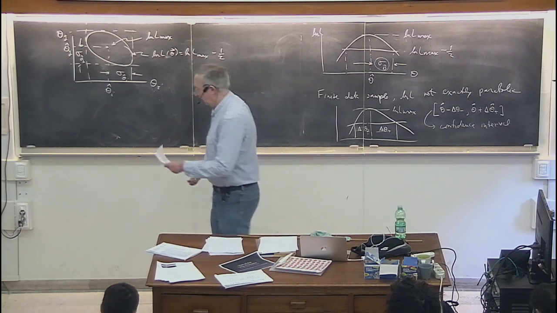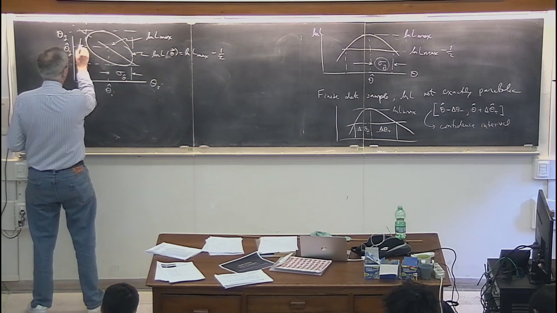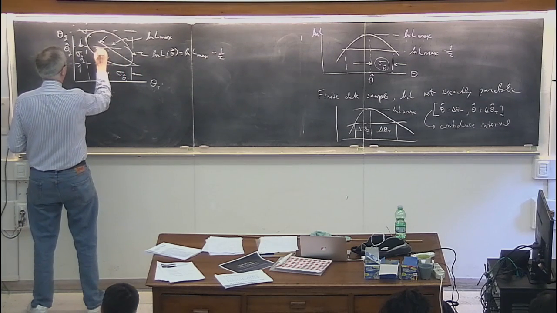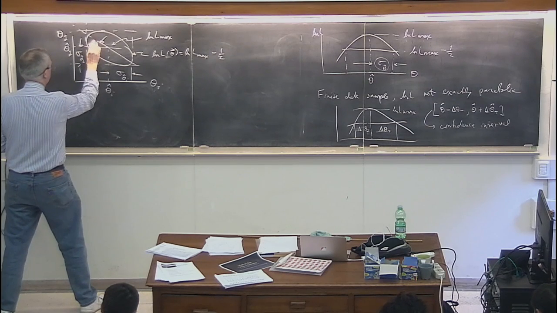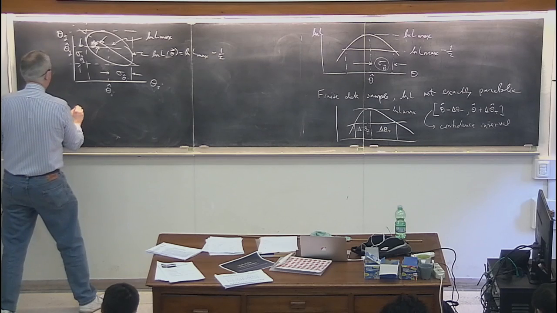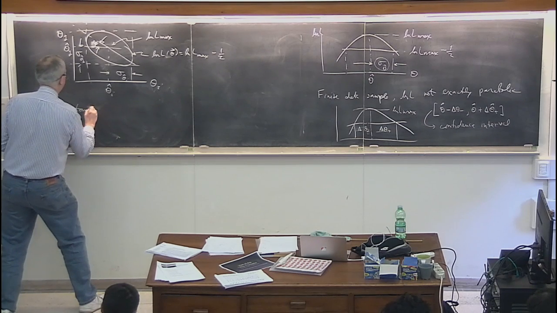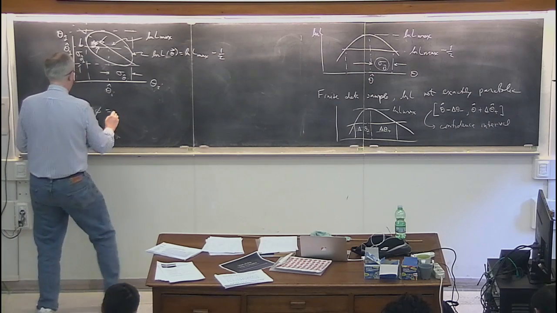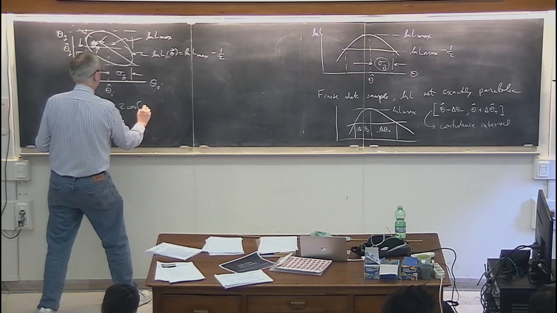And I'll just write down the formula. This angle here, I'll call that phi. And the tangent of 2 times that angle is equal to, let's see, 2 times the, I hope I get the formula right.